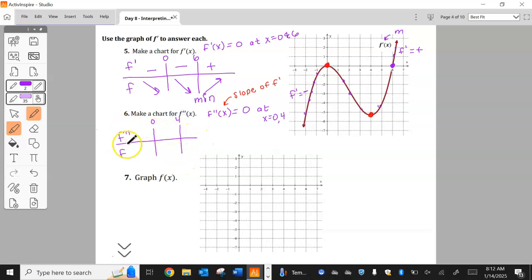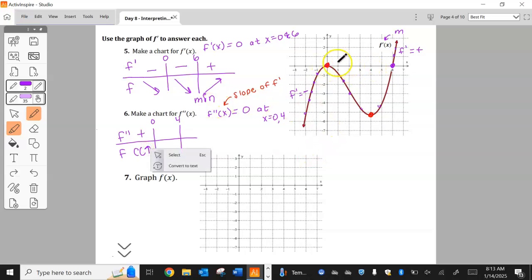Okay, and so again, we're making a chart for f double prime. I'm looking at f prime, so I need to be asking myself, what is the slope of this graph? Here I have positive slopes, so that means f double prime is positive, because f double prime is the slope of this graph. So that's going to tell me f of x is concave up.